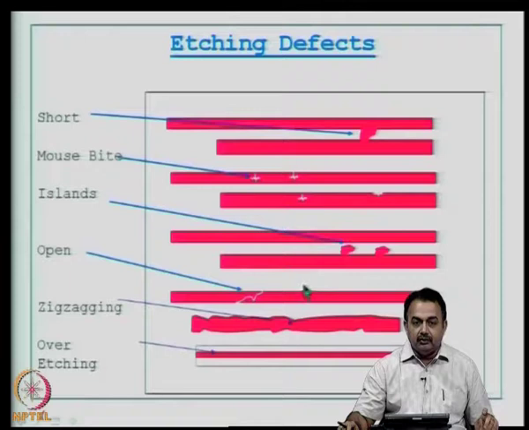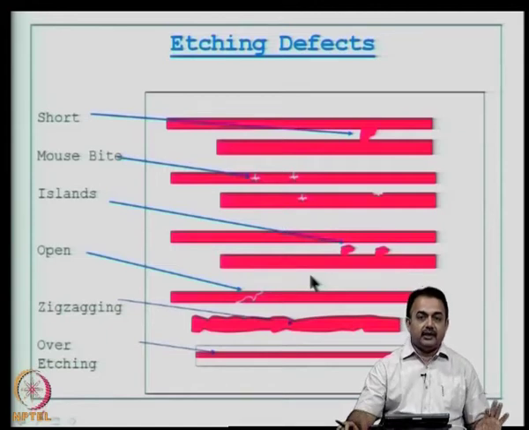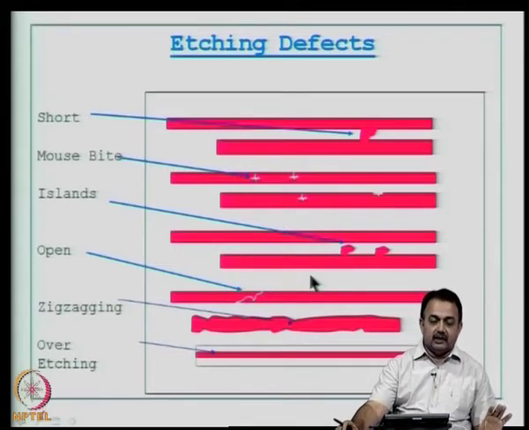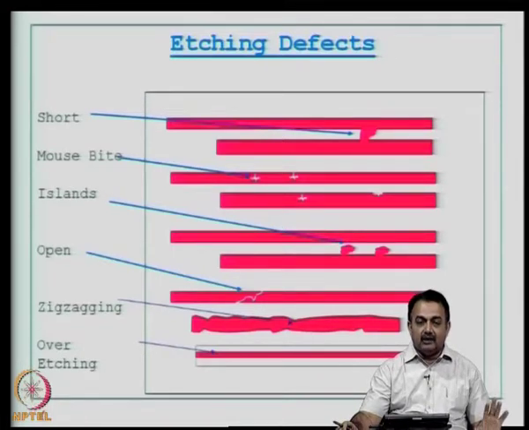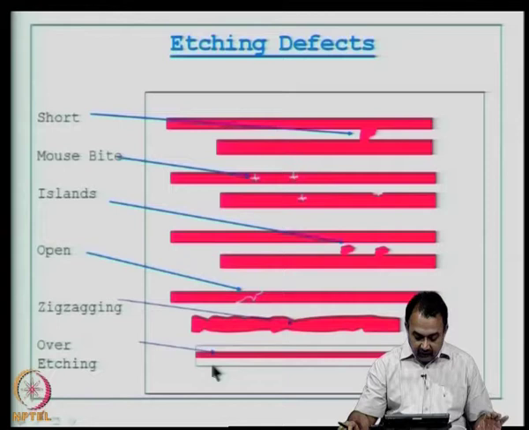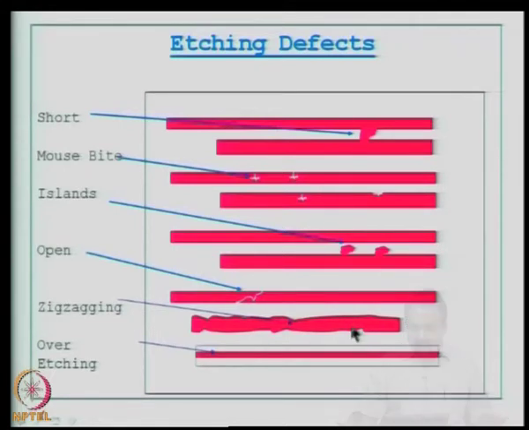Typically these can be due to debris, external debris sitting on your board. So, one clear point that emerges from these kind of defects is that you have to work in a clean room atmosphere, and your materials have to be handled very carefully and stored in perfectly clean conditions. Then a typical example here is zigzagging, which again indicates poor control of your etching process.